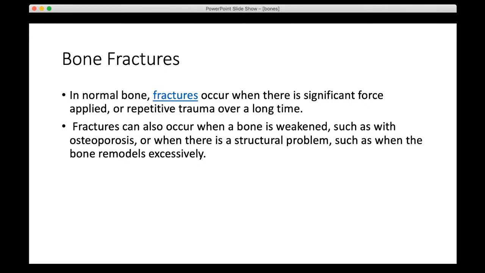So fractures happen most when you are applying shear stresses, and further, it should be repetitive or of very high magnitude. Then it will lead to bone fracture. The second point is due to some disease state or pathological states when you have weak bones. So there are two cases in human physiology when you have weak bones.